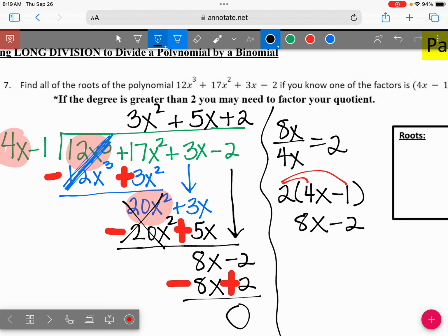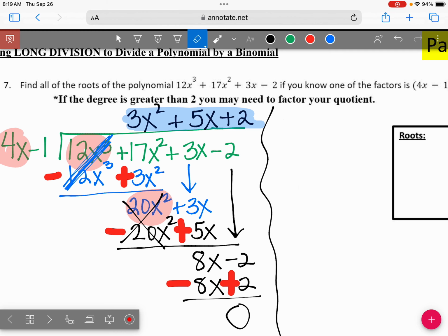So now we're ready to take what we have on the roof, and this needs to be factored. So A is 3, B is 5, and C is 2.